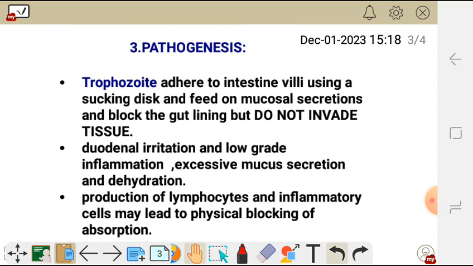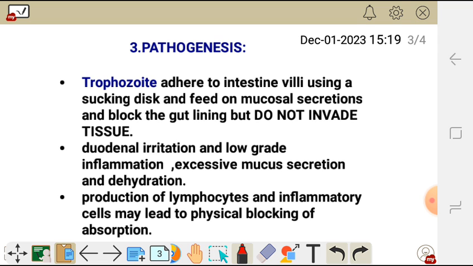Now, talking about the pathogenesis, the trophozoites adhere to the intestine villi using a sucking disc, as I've already said, and they feed on the mucosal secretions. And from there, they block the gut lining, but taking note that they do not invade the tissue.